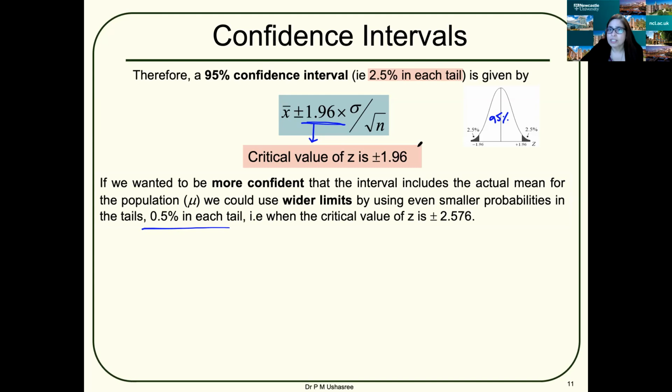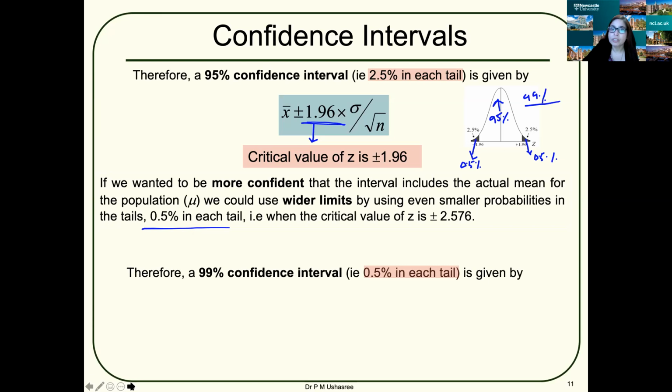So for example, to increase this confidence level to 99%, you should decrease the value in the tail, say 2.5% to 0.5%. Now your confidence interval will be 99%.